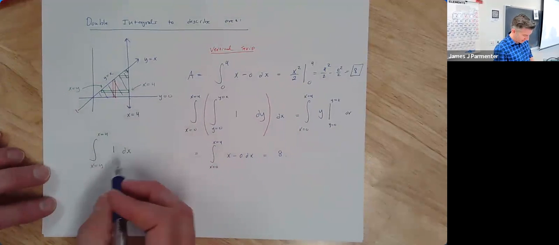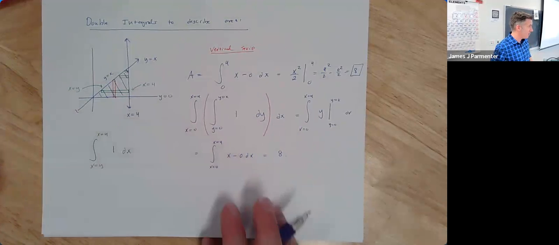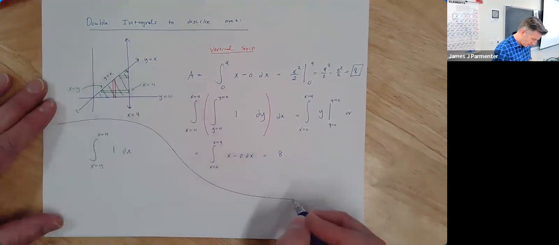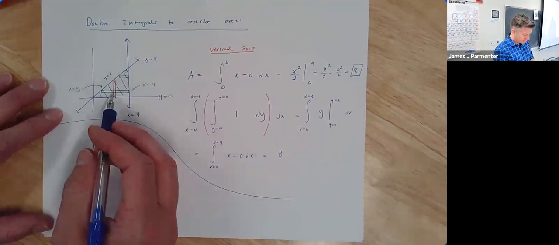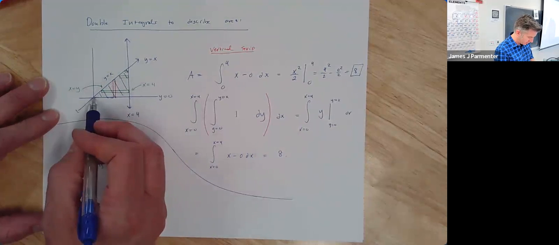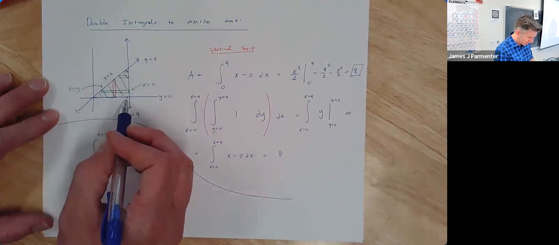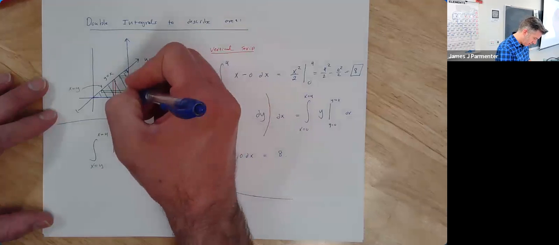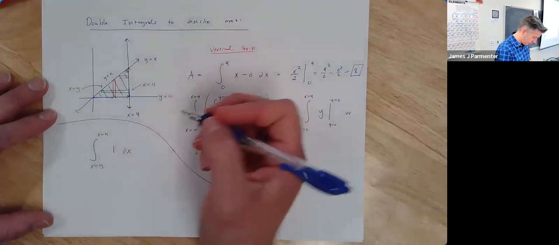Right, it's dx if you've got x equals to x equals. Now I'll write it again. And then my outer limits of integration are just like before, how we said this red vertical strip goes as far left as x equals 0, as far right as x equals 4. Now this horizontal strip can go as far down as y equals 0 and as far up as y equals 4.